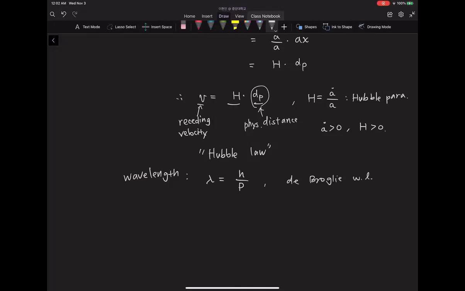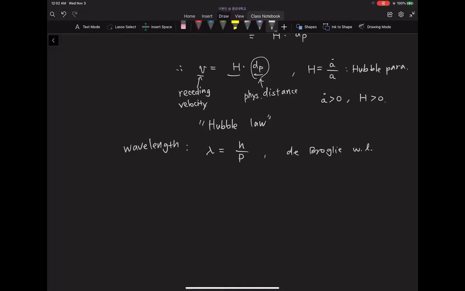And as I said, the physical distance should be multiplied by the scale factor. So the wavelength is proportional to the scale factor.